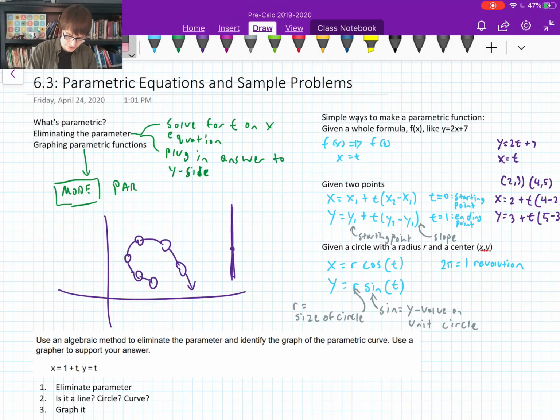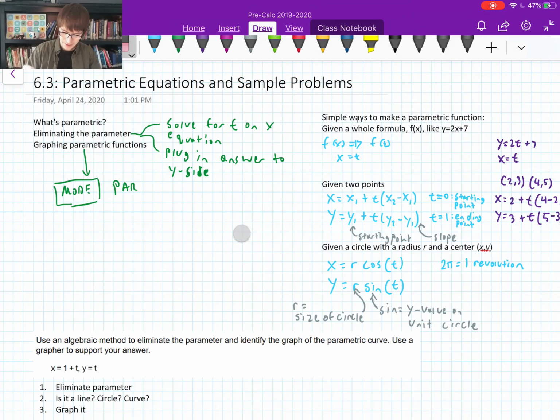When it comes to an actual equation, the idea of time gets split up into two separate equations. We need an equation that represents how high things are and how far left and right things are. So when we make a parametric equation, we actually split it up into two completely separate equations. Here's what I mean. We have one equation, say y, that defines things in terms of time.